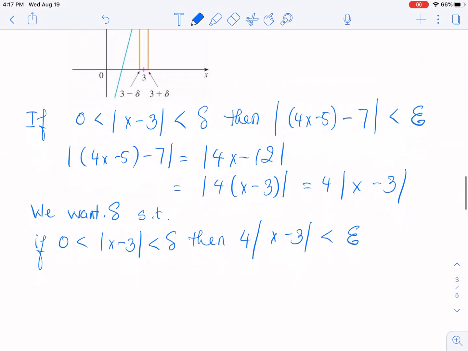Based on this, you see we have |x minus 3| here and we have 4 times |x minus 3| here.